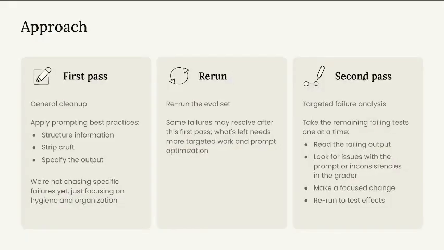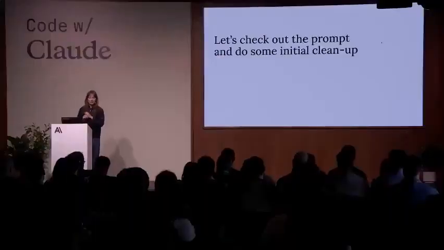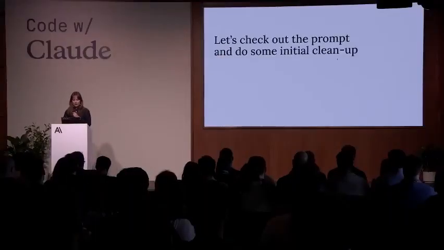And best practice before we start targeting those failure modes specifically is to apply our general prompting 101 best practices, applying general hygiene to clean up before we do the eval run. So let's have a little look at the example that we're going to be using.